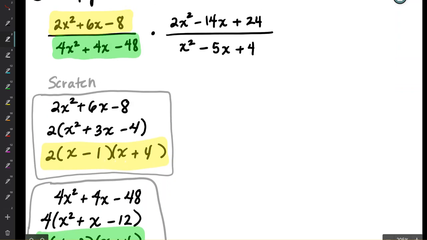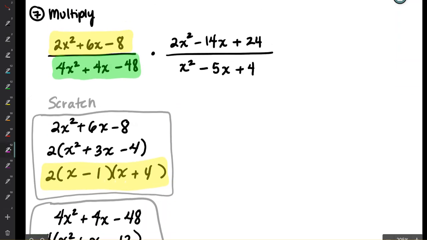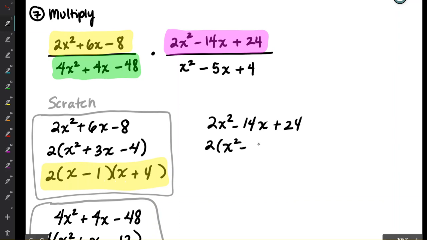Right? Now on the second fraction, again, this numerator has a GCF of 2. We got 2x squared minus 14x plus 24, factoring out a 2. X times x gives me x squared, and I'm looking for two numbers that multiply together to give me +12 and add up to -7.